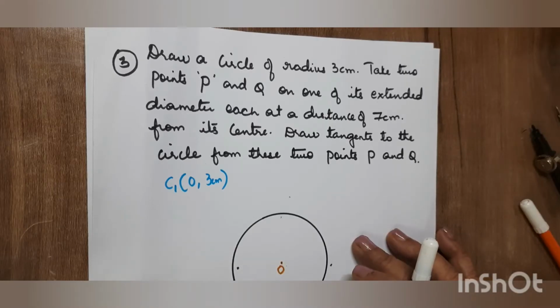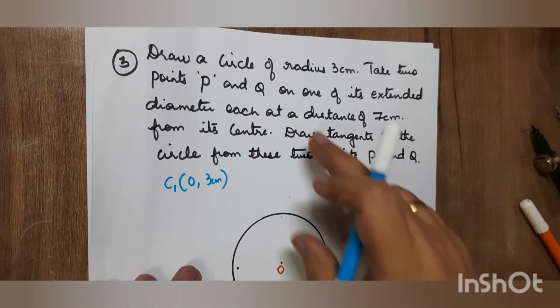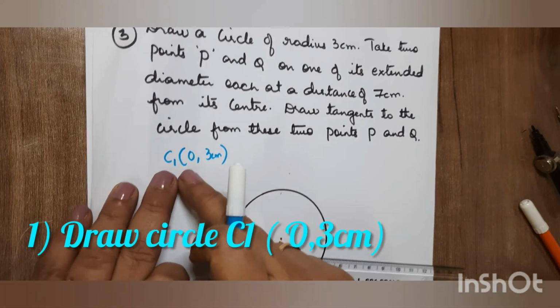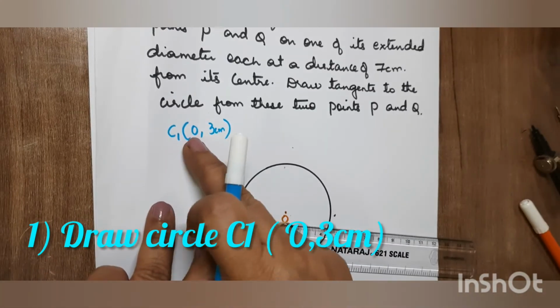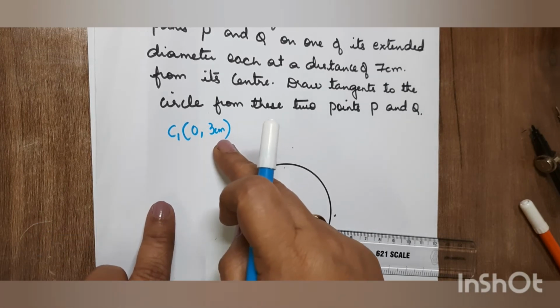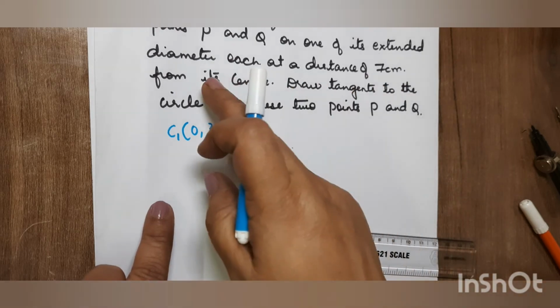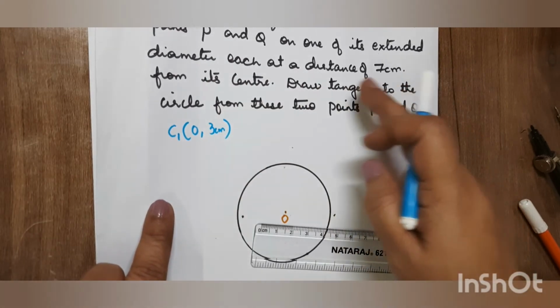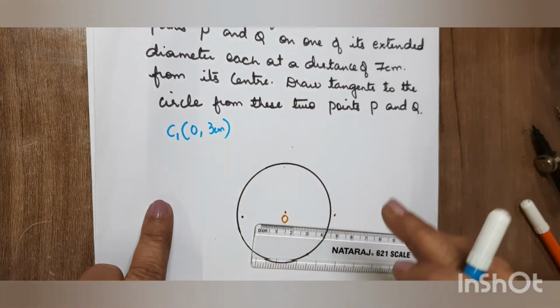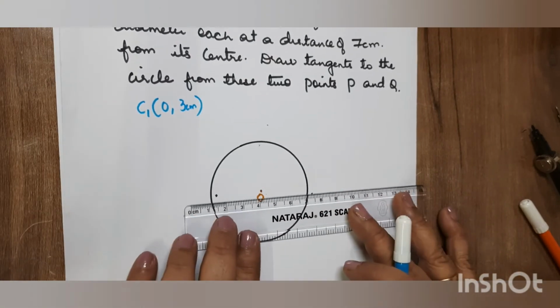Third sum, exercise 11.2. In this question, the circle is 3 centimeters. So one circle C1, I have taken center O and the radius is 3 centimeters. They say to extend the diameter, and we need points P and Q on the extended diameter. So what does that mean?